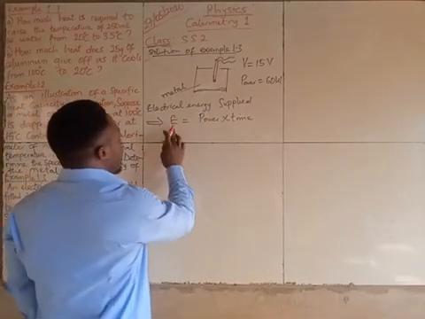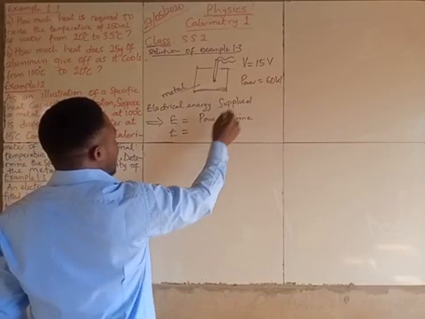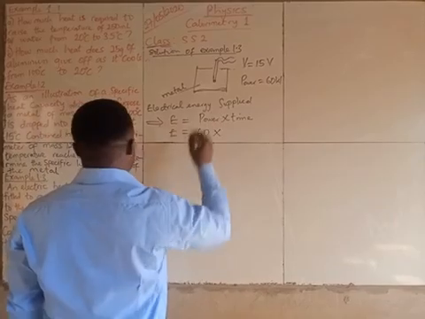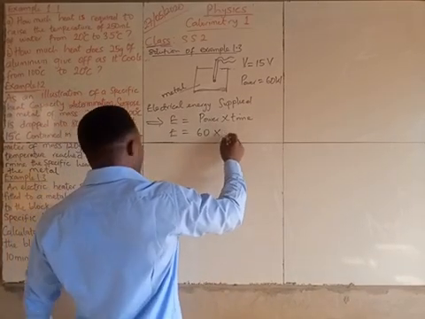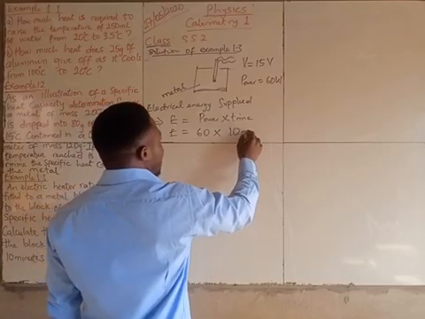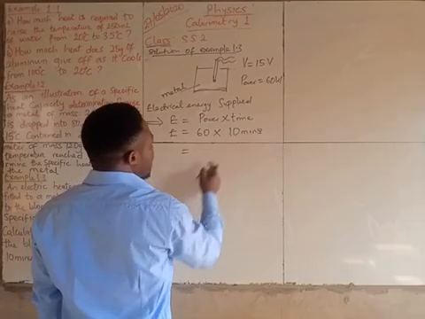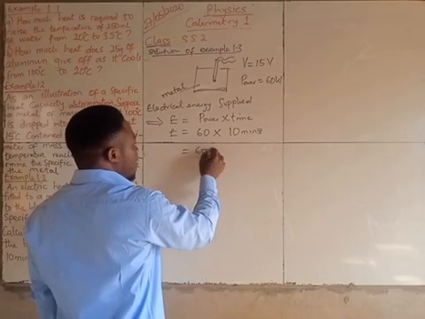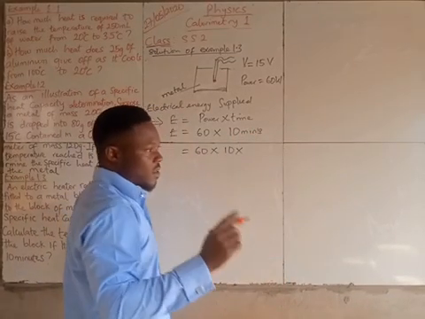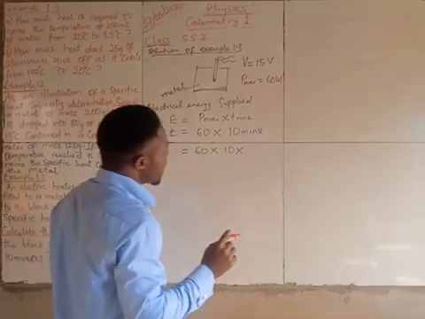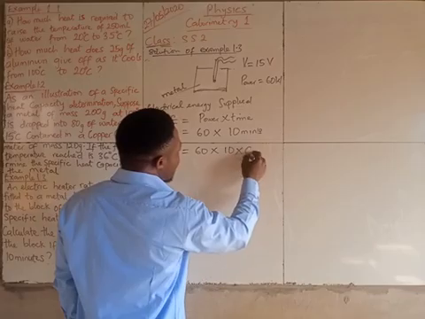And therefore, what is our E? Our E will be equal to the power given, 60 watts, times the time. We're given the time to be 10 minutes, but we have to convert this 10 minutes to seconds, that is 60 times 10. Since 60 seconds make 1 minute, it means that 10 minutes simply mean 10 times 60 seconds.